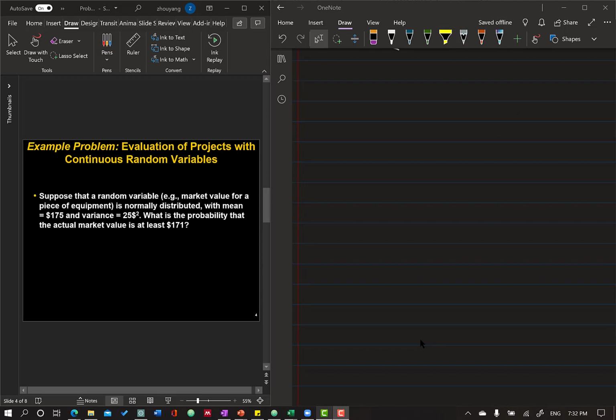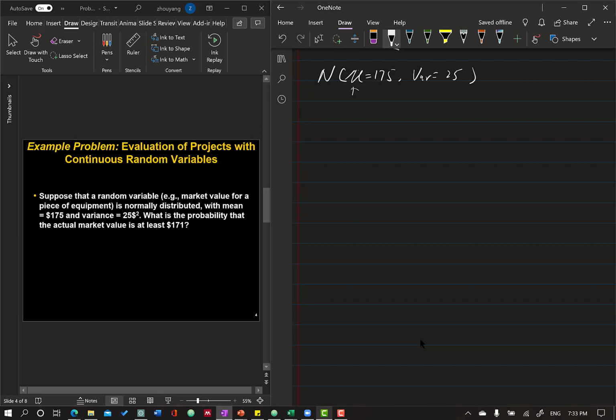Now let's look at this problem. We want to find the probability that the actual market value is at least $171. We are told this random variable follows a normal distribution with mean 175 and variance equal to 25.